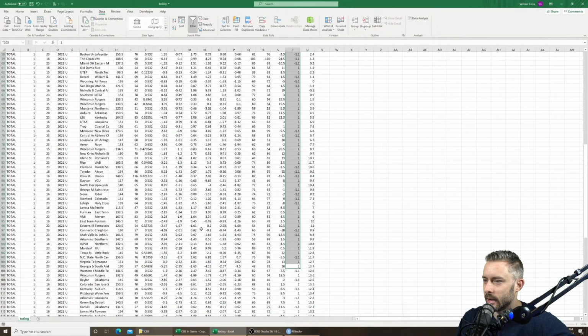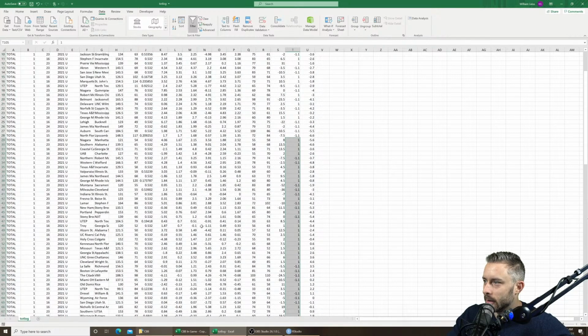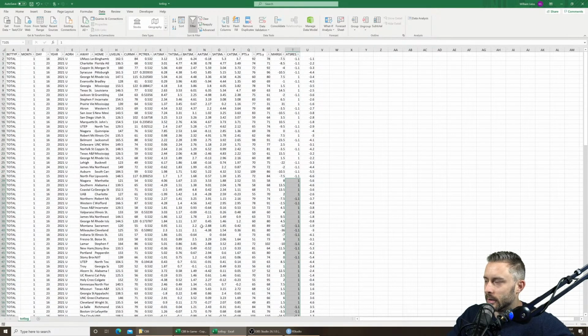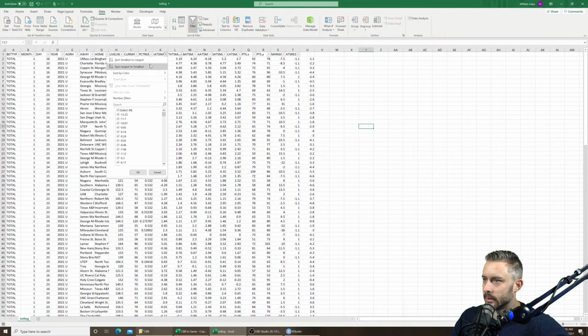So anything that kind of straddles the line has gone under. So if it's not screaming over, but it's not screaming under either, that's kind of where the unders have been. At least in terms of that metric.